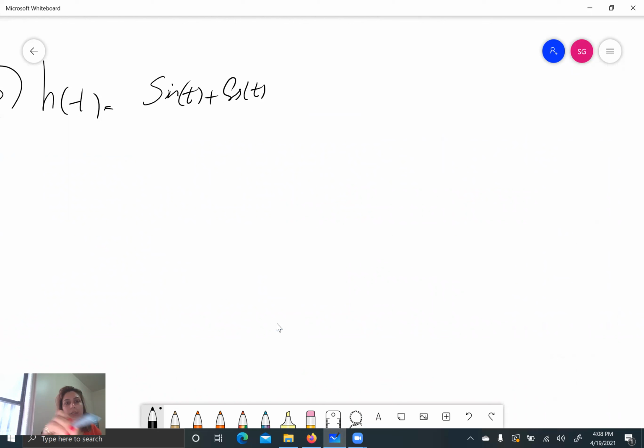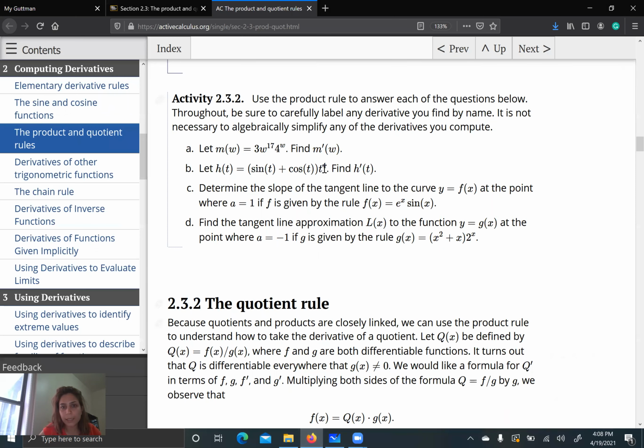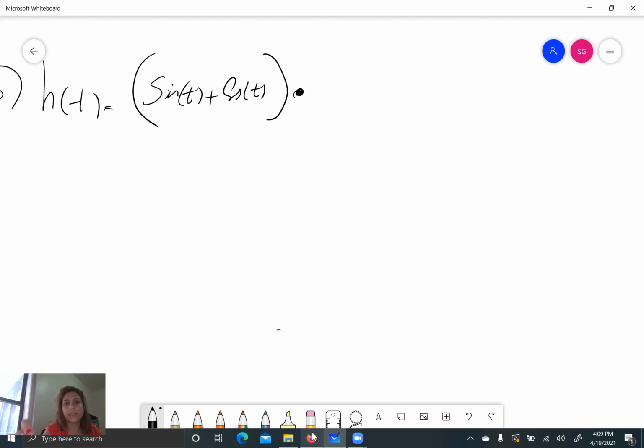So it's the addition of sine and cosine, but then it's multiplied by the function t to the power of 4. And the question is: find the derivative.